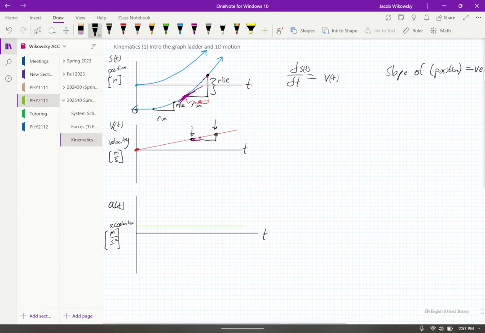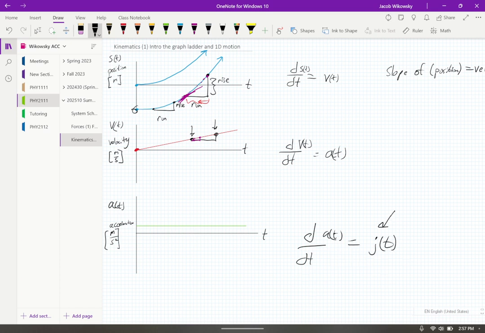If you wanted to know about the acceleration graph, well, that just means you take the slope of the velocity graph. Saying the slope of the velocity graph is the acceleration graph. And we could go down the graph ladder further. The slope of the acceleration graph is what we call the jerk.